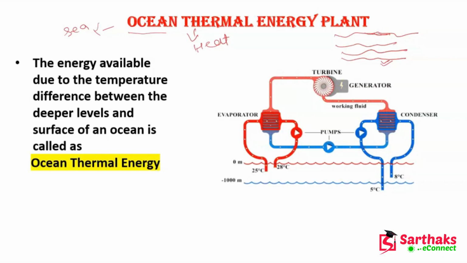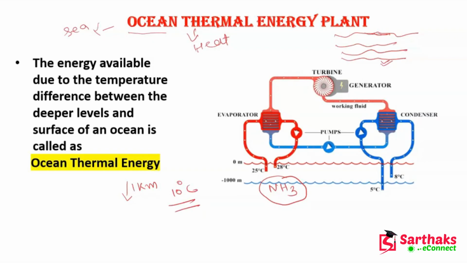So how do we use it? Let's suppose we are using ammonia. On the downside, the temperature is very low, because for every 1 kilometer you go down, the temperature decreases by 10 degrees centigrade.